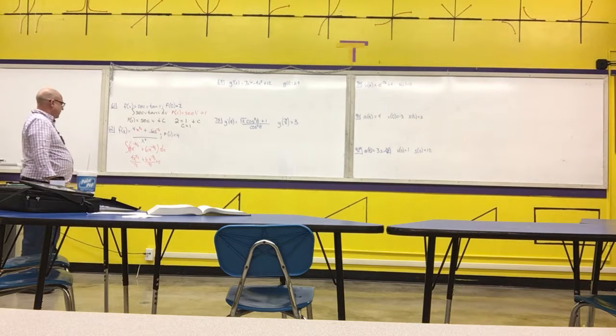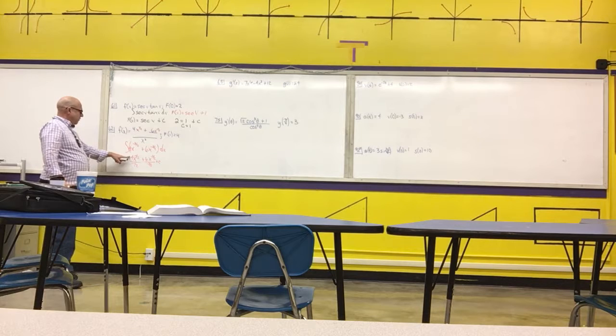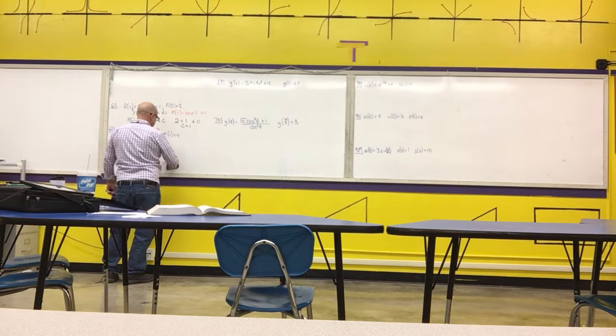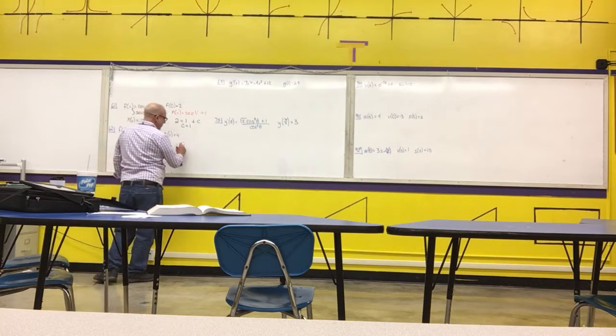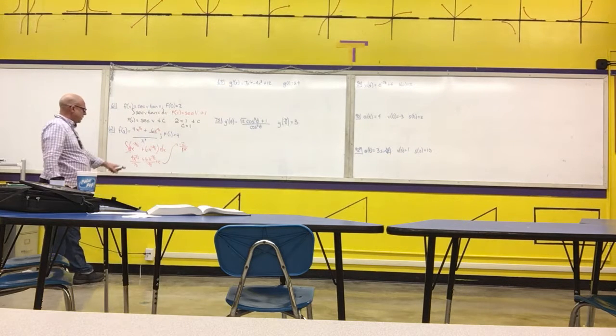Now I'm going to simplify. 4 divided by negative 1/2 is the same thing as 4 times negative 2. So that's going to be negative 2, and I'm going to actually write this as over the square root of x, because I'm now going to do some substitution.